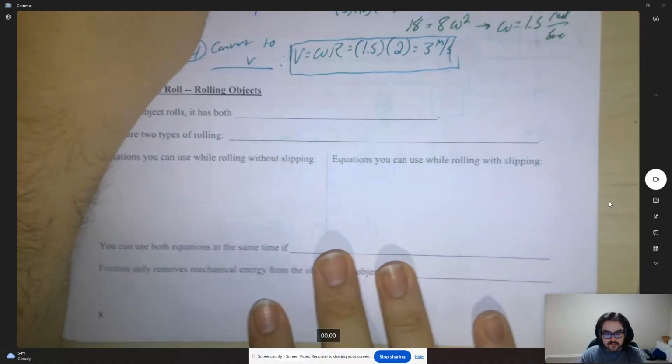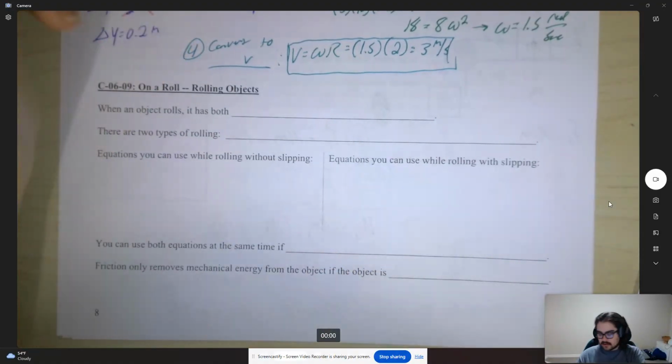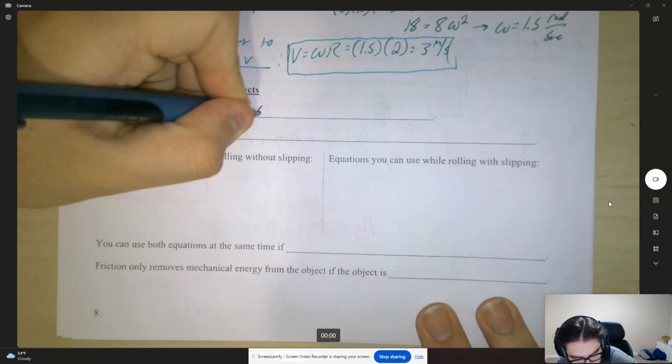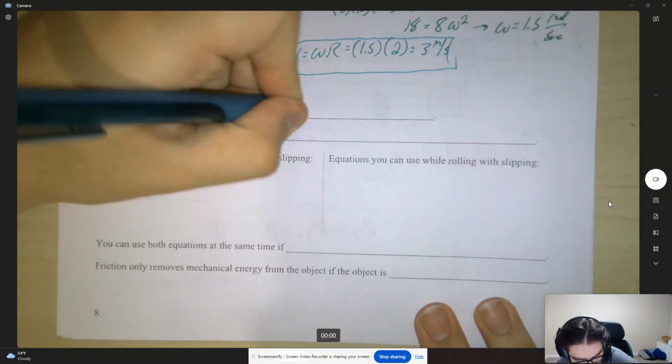So last year in Physics 1, you definitely learned that when objects roll, like the wheels on your car, when an object rolls, it actually has both types of energy, both translational and rotational kinetic energy.